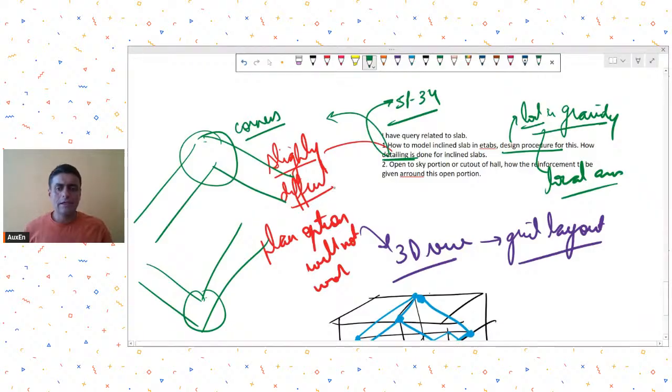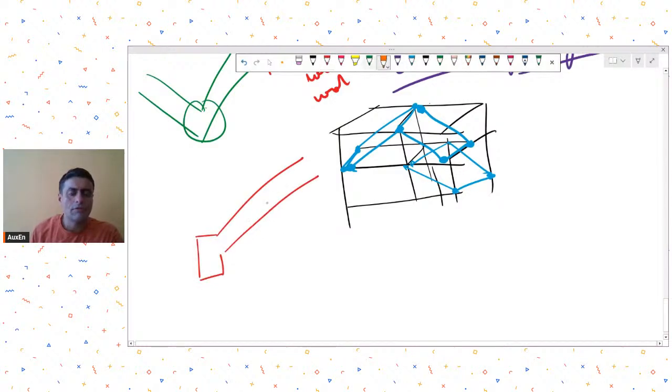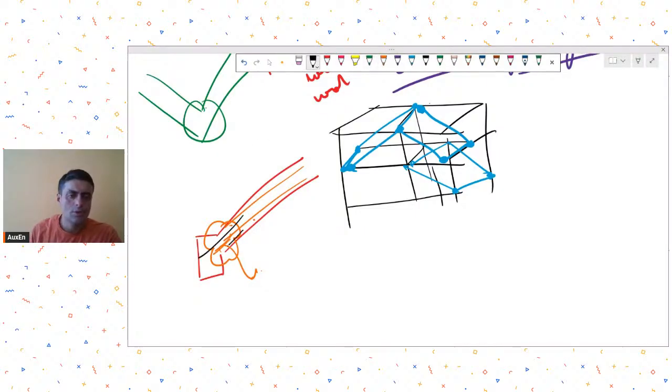Now, if this inclined slab is resting on some beam, then at that location again, you will have to see how to provide the reinforcement detailing, and especially if it's applying some thrust, you have to be careful with this junction. So it depends on your assumptions. What is the assumption you have made for this beam-inclined slab joint, and also if it's a case of thrust, you need to see that the reinforcements are properly developed.